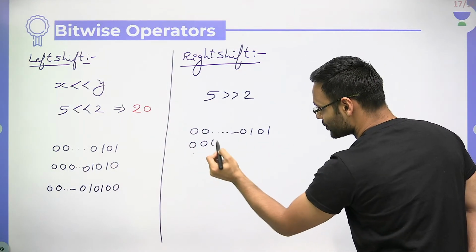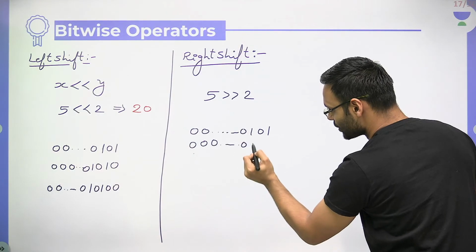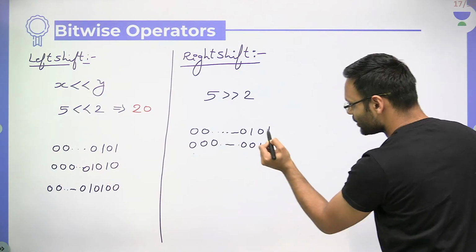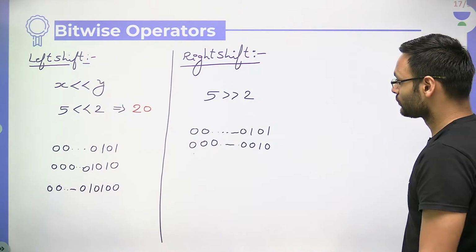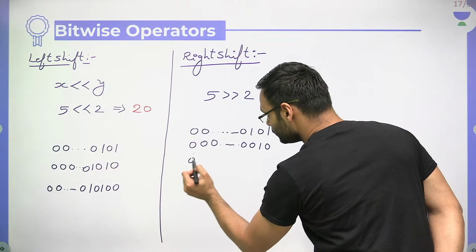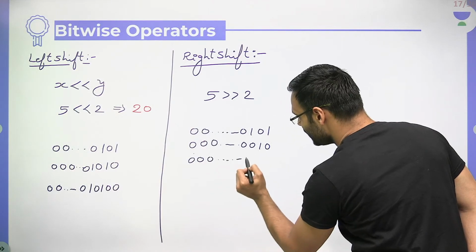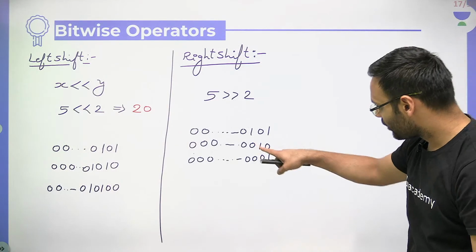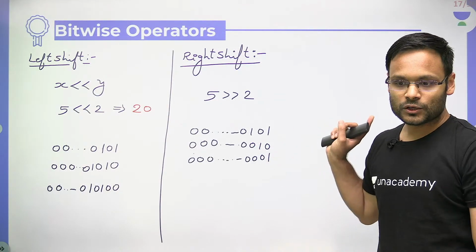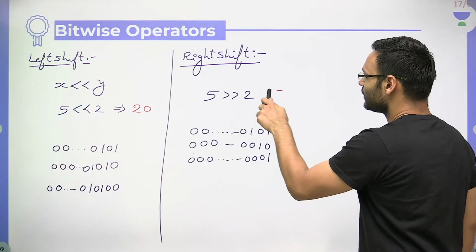This 0 shifted here, this 0 shifted here, this 1 shifted here, 0. This 1 is discarded, gone. Now one more time, lots of zeros initially, and this particular one will be shifted so that 2 times shifted, it is 1.